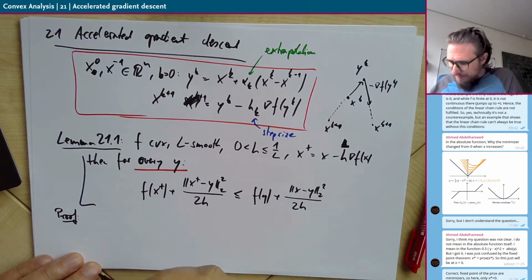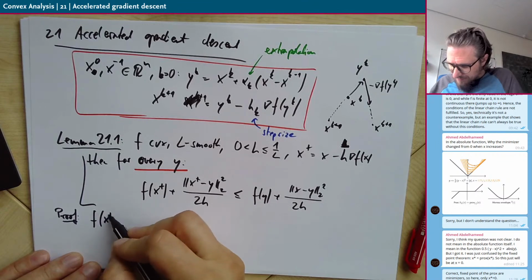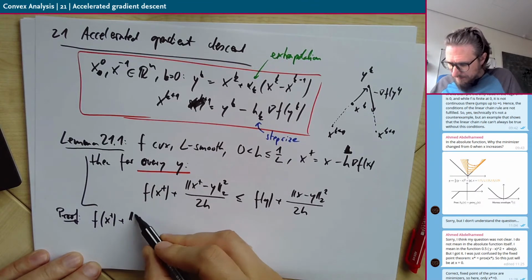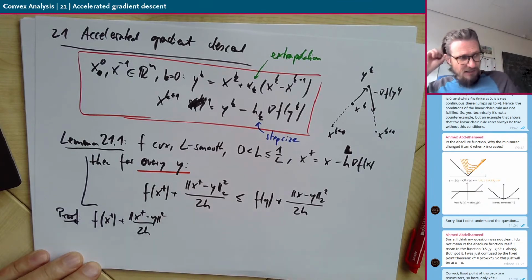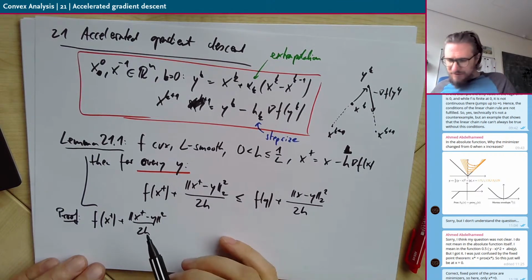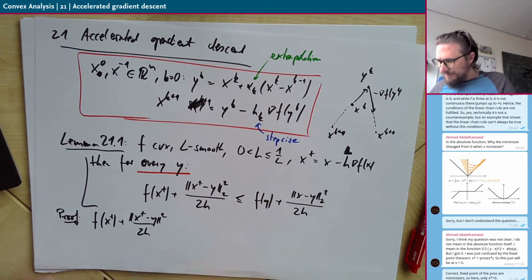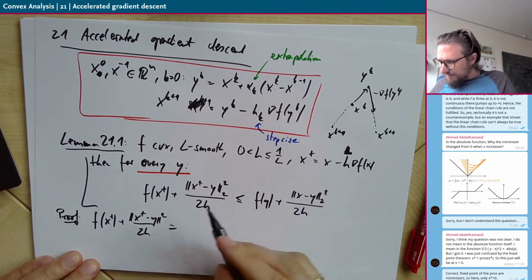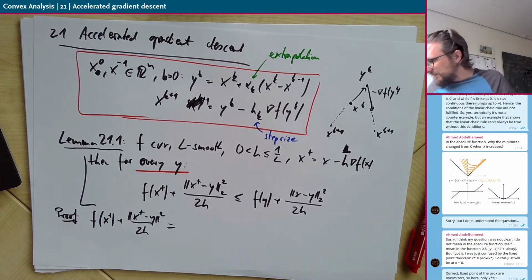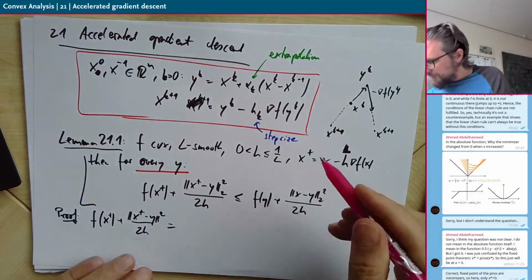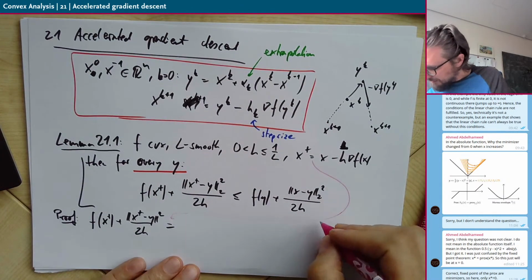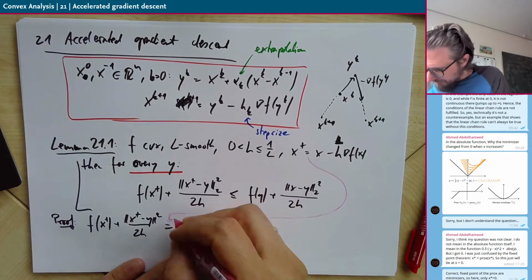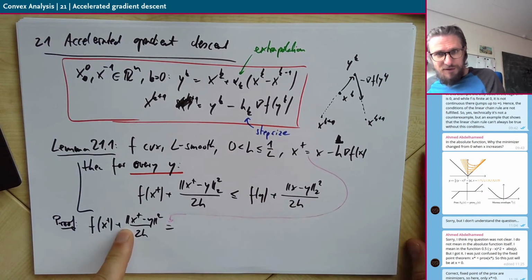Yeah, let's do it. Maybe I just start calculating. So we start from the left-hand side. In the first step, we just plug in that x plus is this here, using this definition here. We add the point here in the square, and then we expand the square.